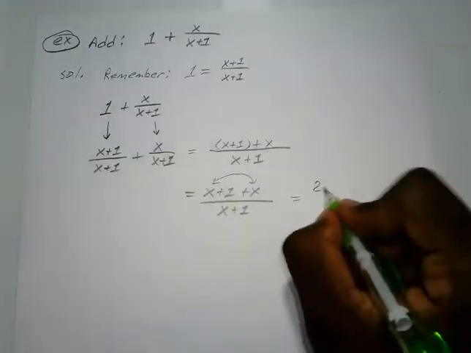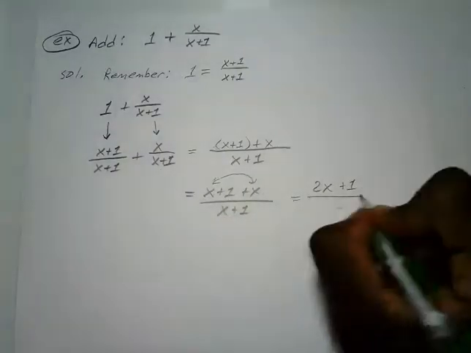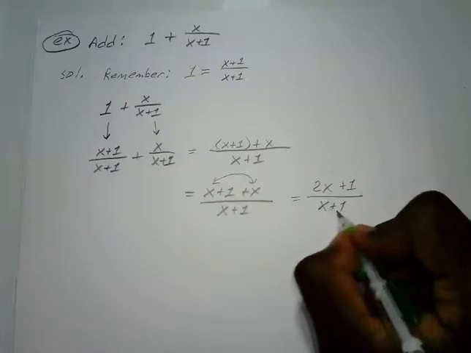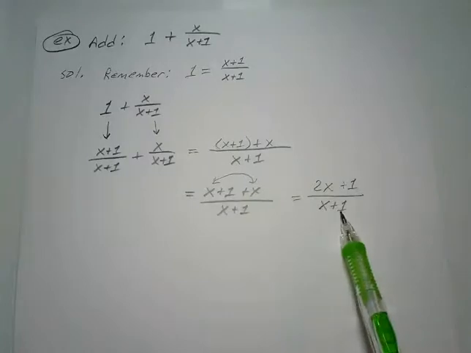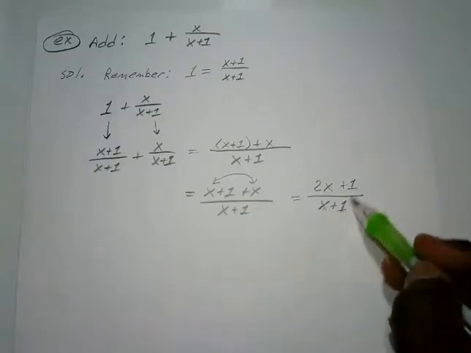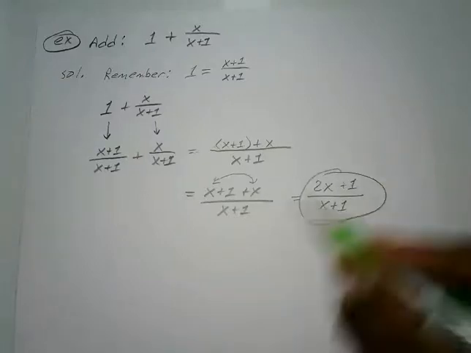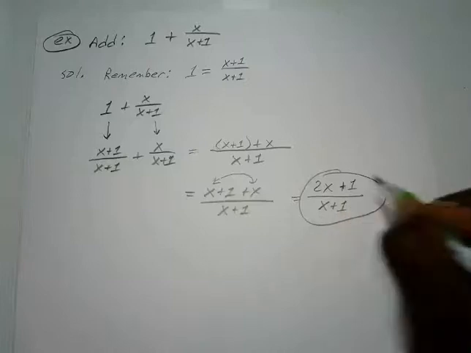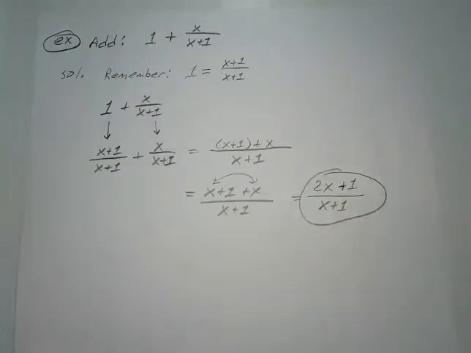So we have 2x, don't forget our 1 right there, plus 1 all over x plus 1. Okay, now remember, these are two terms in the numerator and denominator. It's not factored. Factored is when you have just multiplication. So you can't cancel out these x's and you cannot cancel out those 1s. Okay, so this is actually your final answer. 2x plus 1 there, over x plus 1.